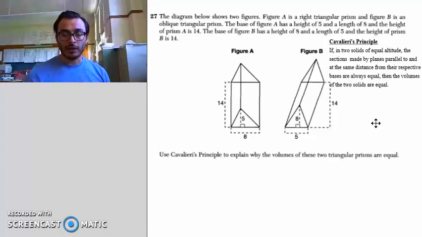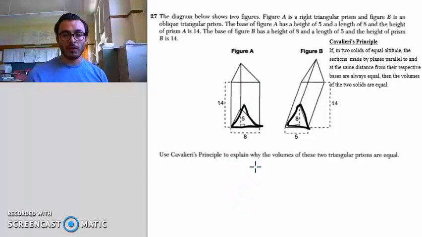Essentially, what it's saying is this. The area of the base here will be equal to the area of this base. And the altitudes are the same. All right? Those altitudes are the same. So it doesn't matter that this triangular prism is slanted. It will have the same volume as this prism.